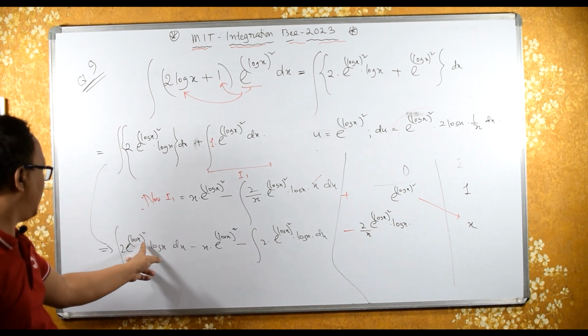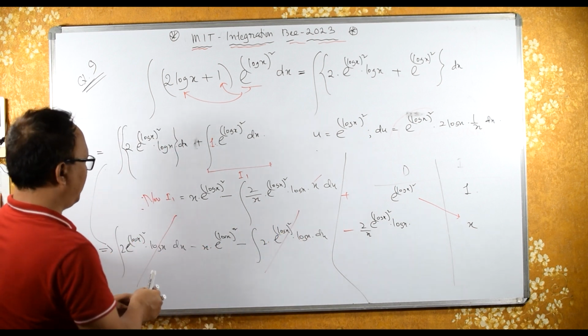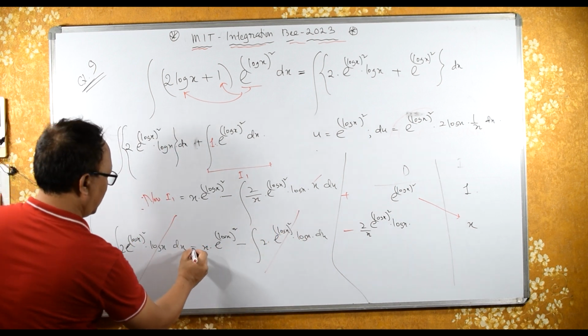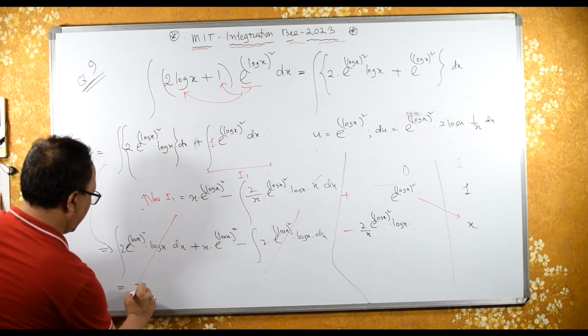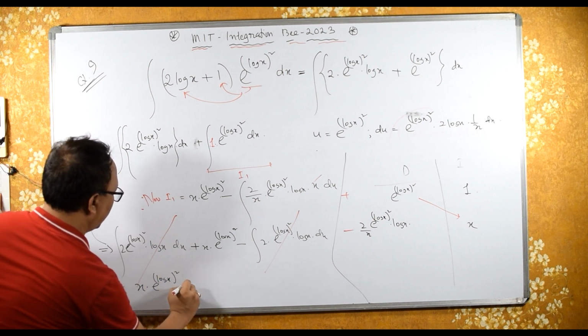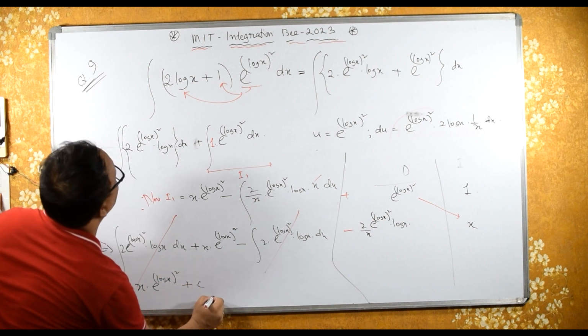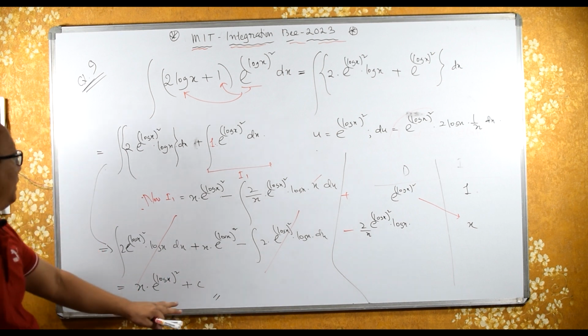This is twice this, therefore this and this get cancelled. This is plus, this is plus. This integration is x into e raised to (log x) squared plus c. This is the required answer.